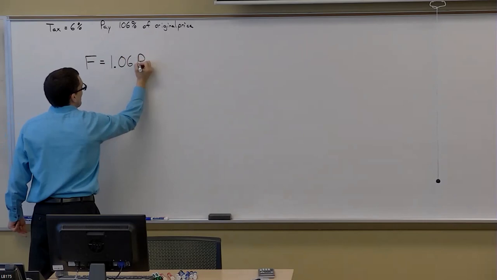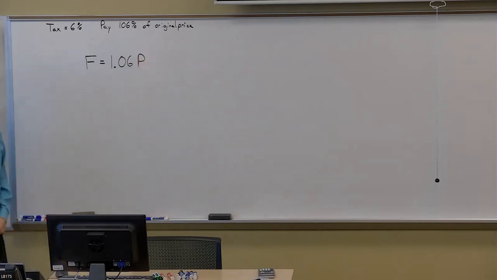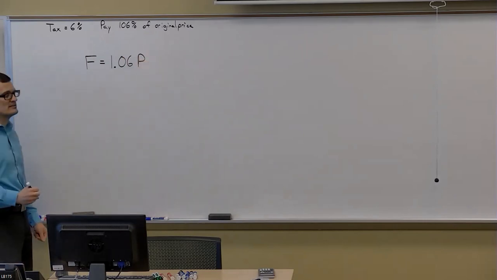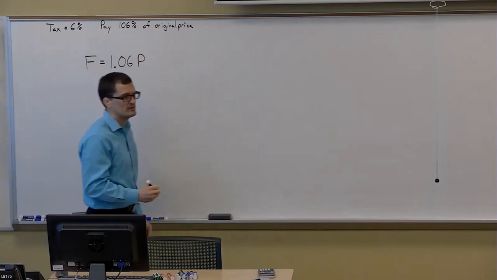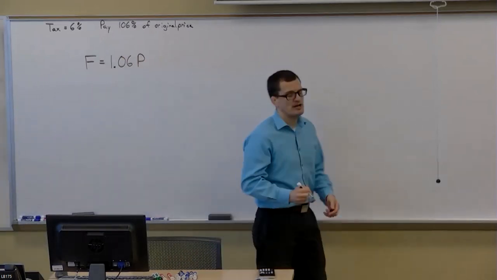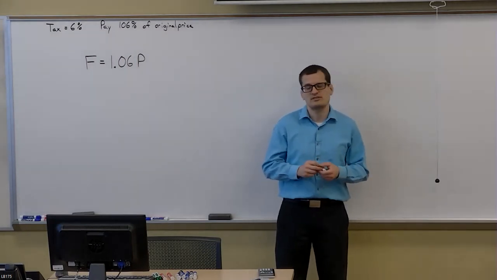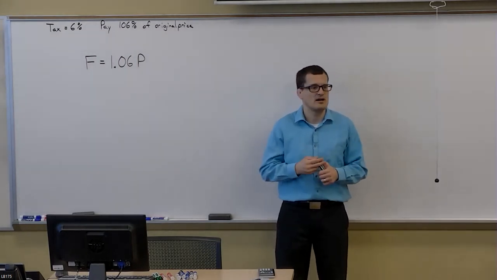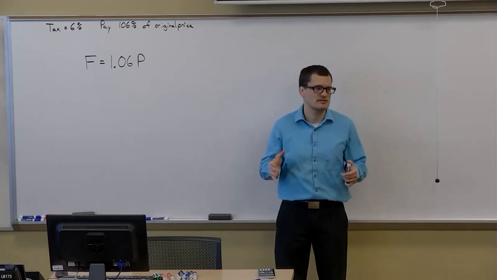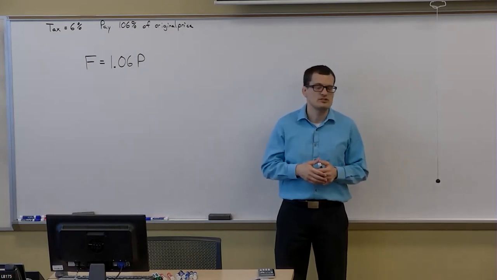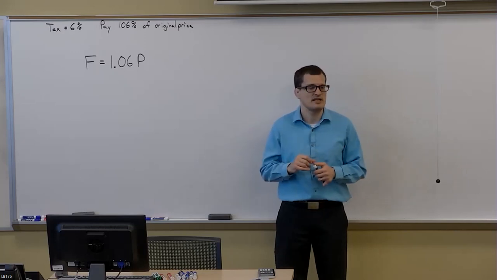In this case, they asked for our final price to be displayed with the letter F, and our original price to be displayed with the letter P. So that's what I mean by make sure you use the correct letters, using F and P.